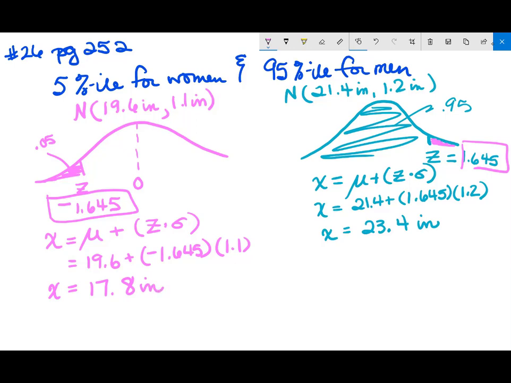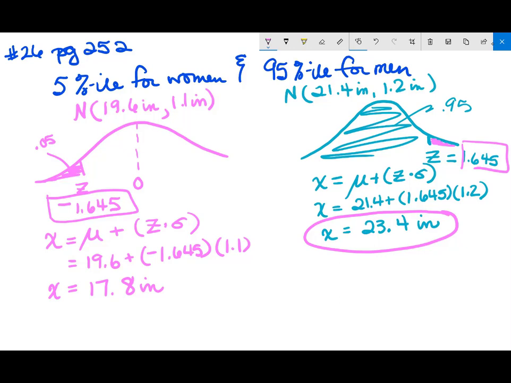It says, what is the minimum table clearance required to satisfy the requirement of fitting 95% of men? It has to be 23.4 inches tall. That would be the minimum. And then B says, the author is writing this exercise at a table of a clearance with 23.5 inches above the floor.